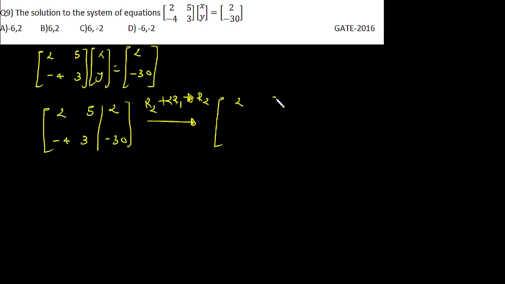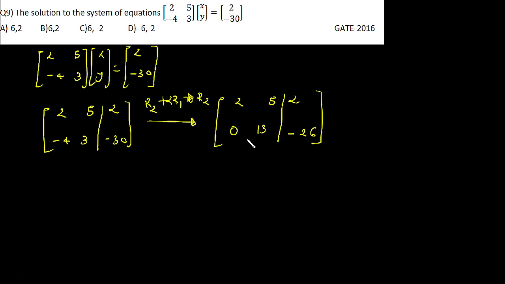The first row will remain as it is. Now in the second row we are getting plus 4 from the first row, and we already have minus 4, so we simply get 0. Here we get 10, we have 3, so we get 13. Here we get 4, we have minus 30, so we get minus 26.